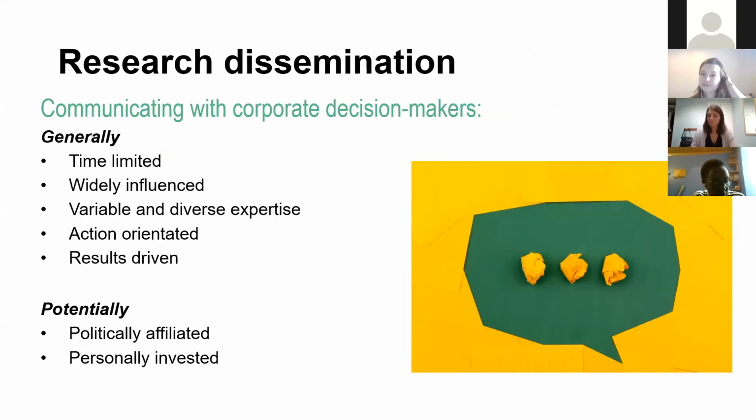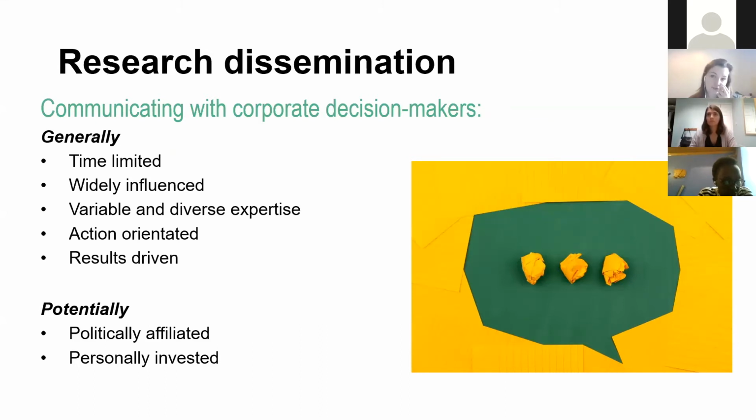So in terms of research communication, it's really important to know how your research is going on, and your corporate decision makers will be quite restricted in the way that they can interact with your research. So it's quite common that your decision makers are time limited, so they may not have the time to commit to reading large papers or attending long presentations.